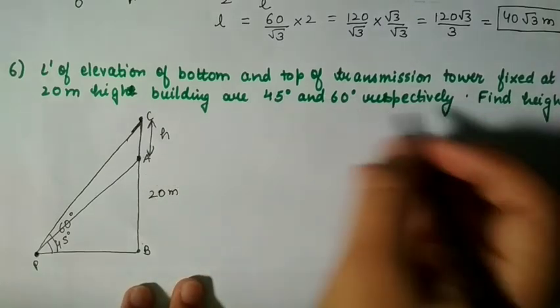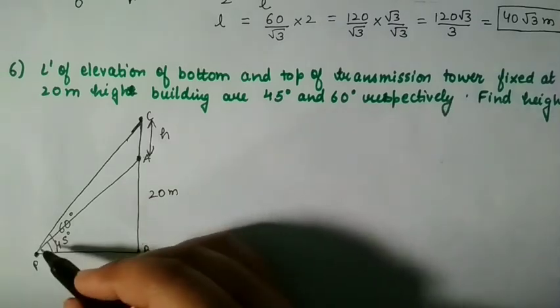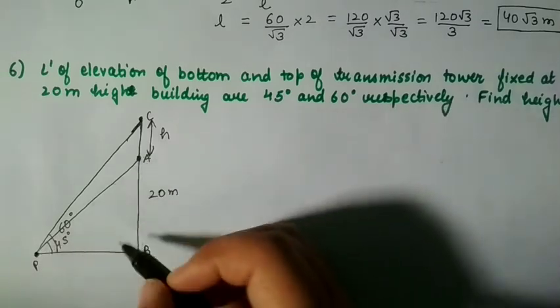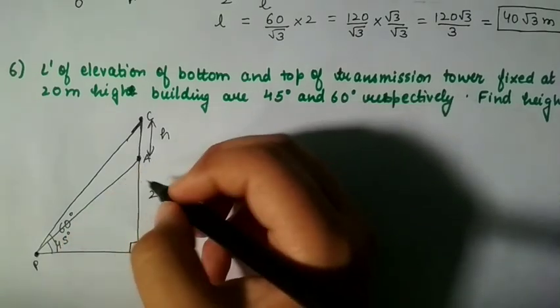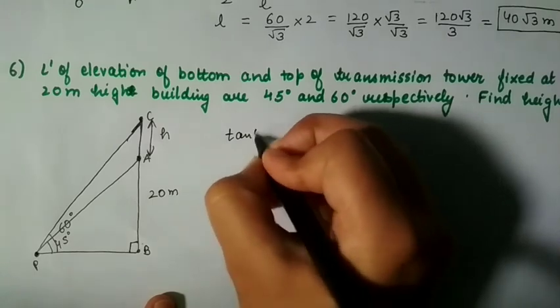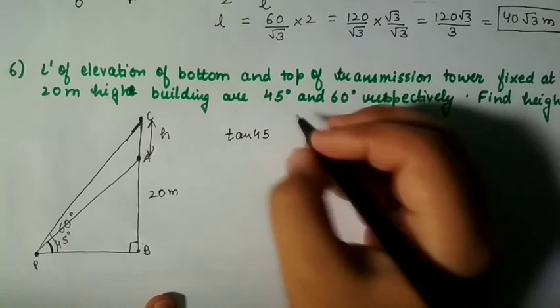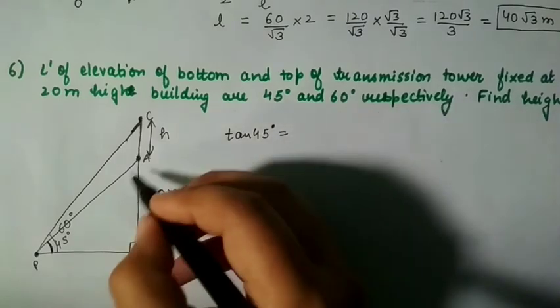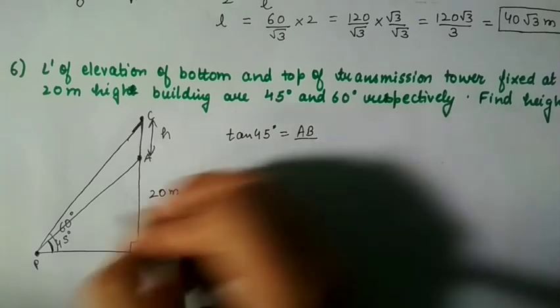So now in order to find the height of the tower, first of all consider triangle APB. This is a right angle triangle. In this triangle APB, use the trigonometric ratio tan 45 degrees, because this angle APB is 45 degrees. So tan 45 degrees is perpendicular, that is AB, upon base, that is PB.